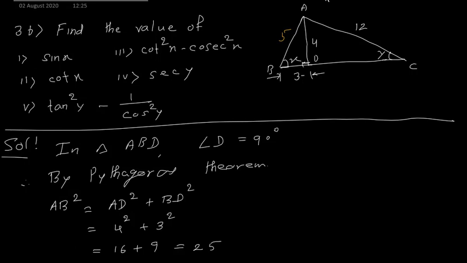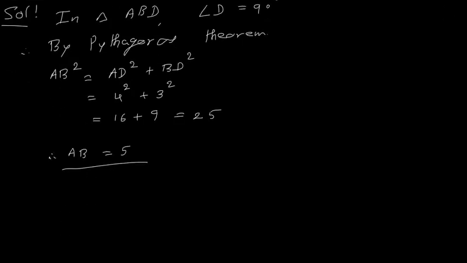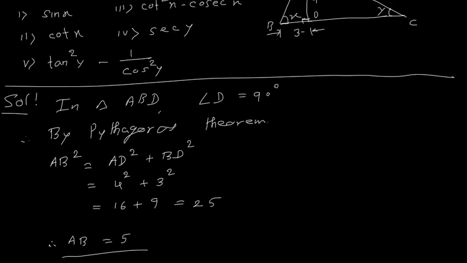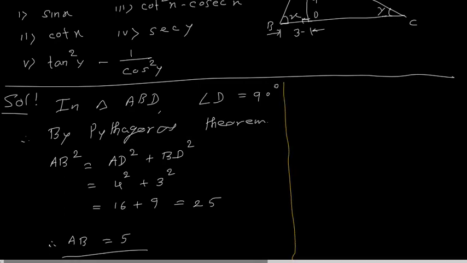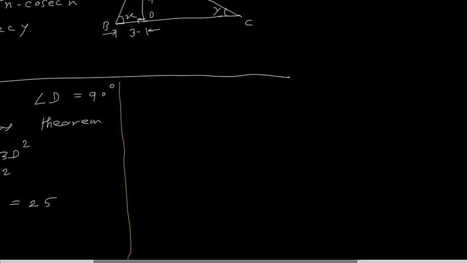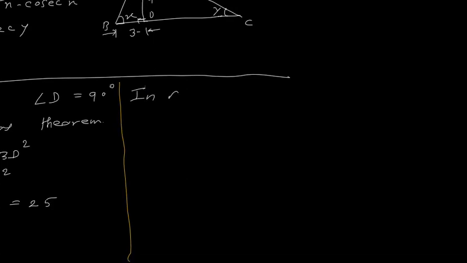Now I will take triangle ADC in the same way. So let us write that on the side only here. I will say in triangle ADC, angle D is 90 degrees.